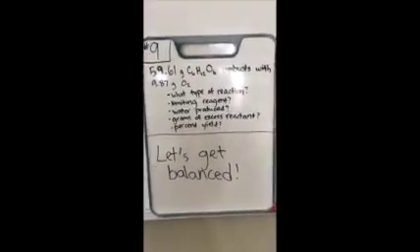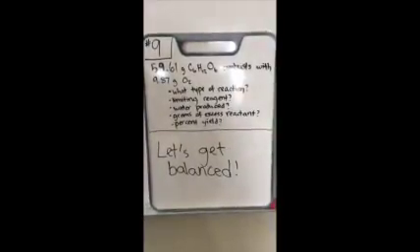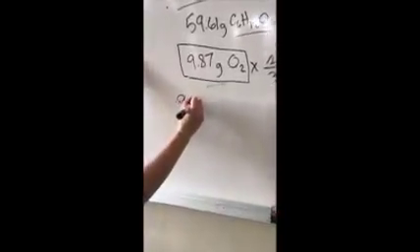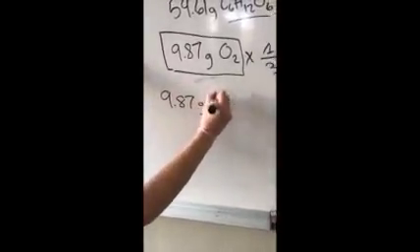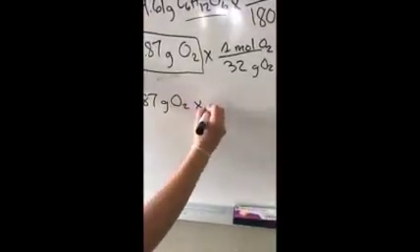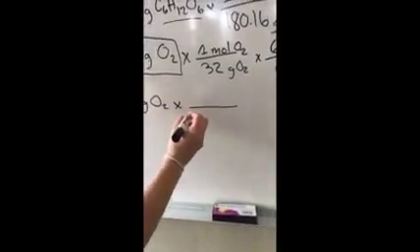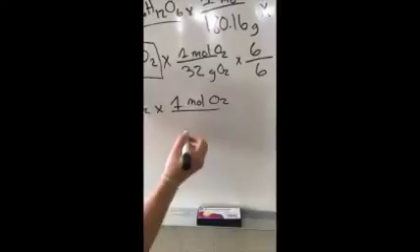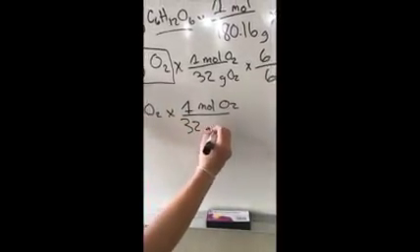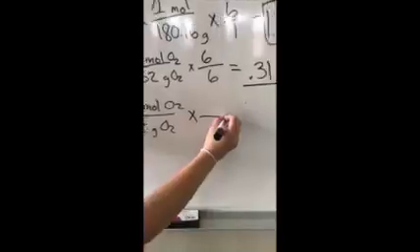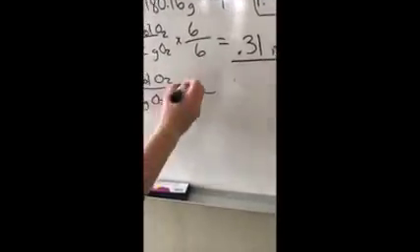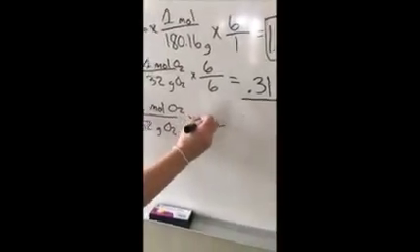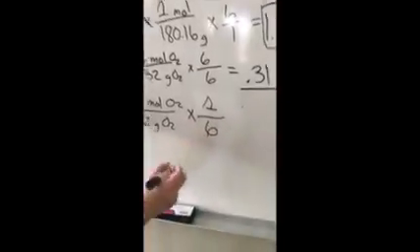Next up is finding the grams of excess reactant, which would be, in this case, our glucose. We start with 9.87 grams of O2 times 1 mole of O2 per 32 grams O2 times the molar ratio between glucose 1 to oxygen 6.